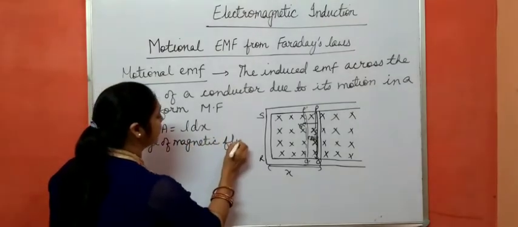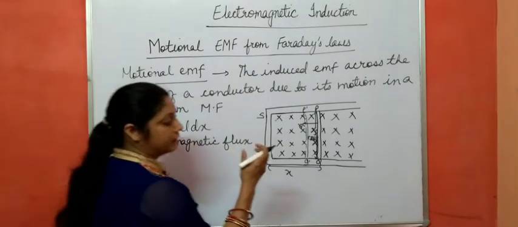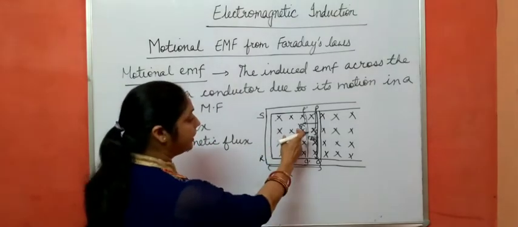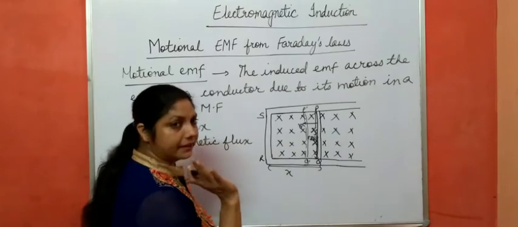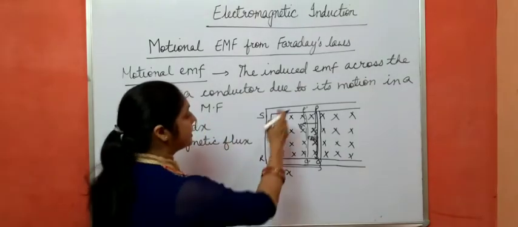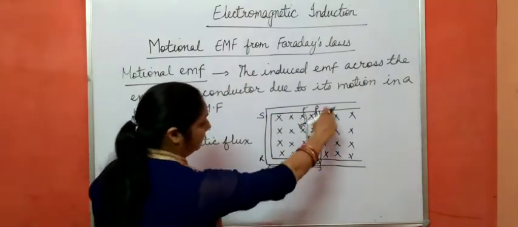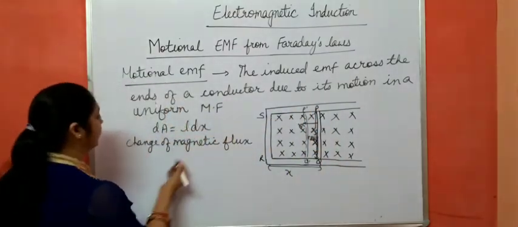You know magnetic flux is BA, and the angle between the magnetic field and this area vector is 90 degrees. We already assumed that; the conductor is placed normal to the plane of the magnetic field.